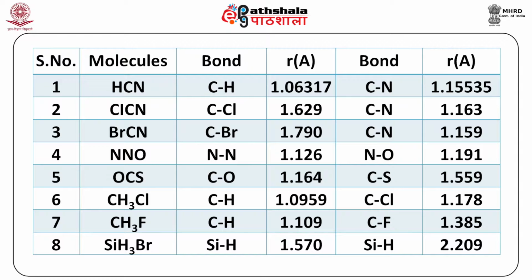In another molecule, ClCN, the bond of C and Cl shows a frequency of 1.629 and CN shows 1.163. BrCN, the bond CBr shows a frequency of 1.790 and CN shows 1.159. And similarly, the various data has been provided for other molecules.